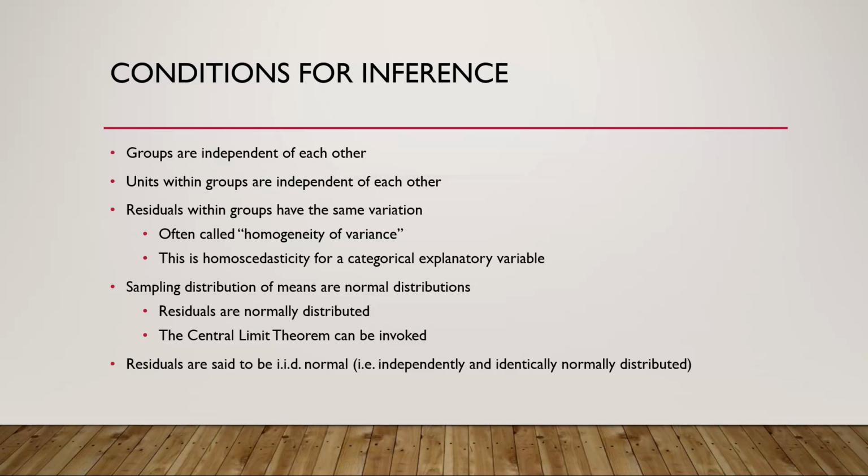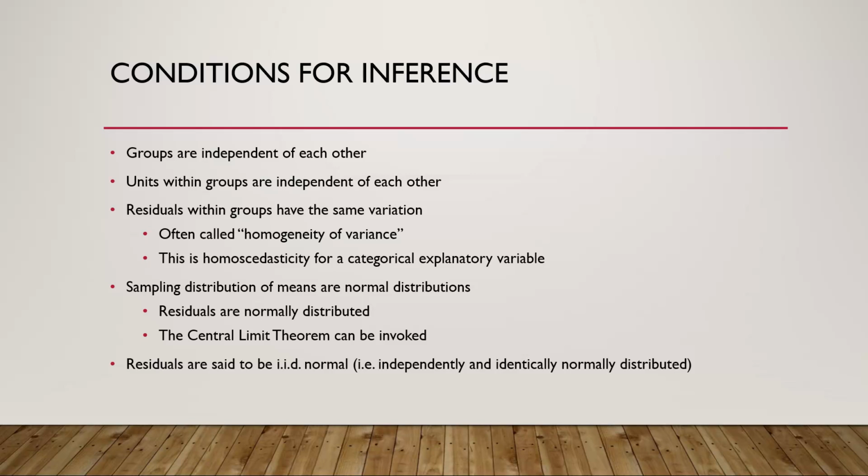The residuals within the groups have the same variation. If they do not have the same variation, that can be problematic. Why can it be problematic? Well, because we're going to use the mean squares.